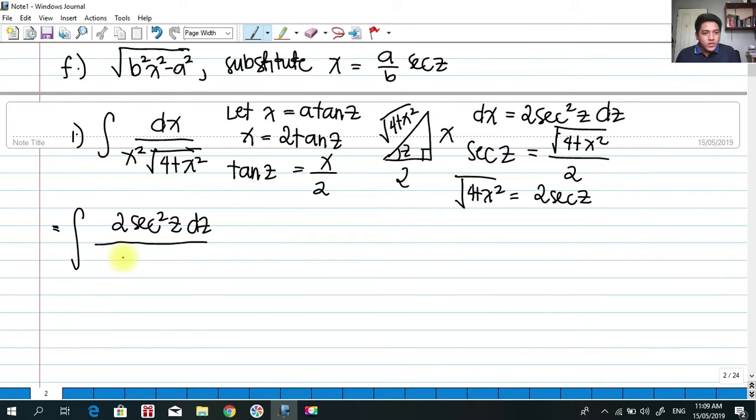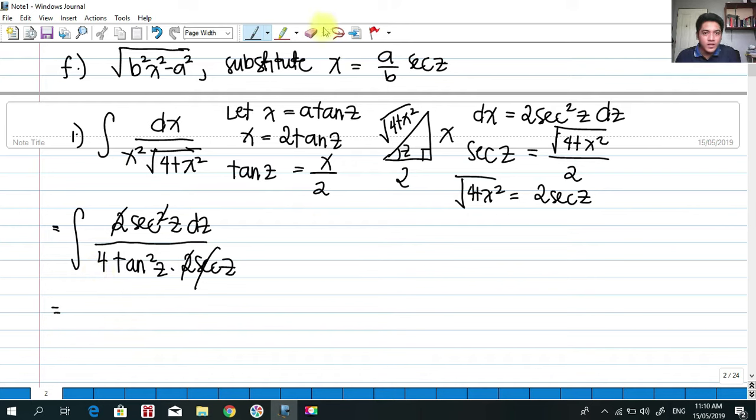Upon squaring that, it becomes 4 tangent squared z, multiplied by the square root of 4 plus x squared, which is actually 2 secant z. By simplifying our integral, we could cancel out one secant here, and also the 2. The 2 secant here will be cancelled also. So cancel, cancel. We are left with secant z.